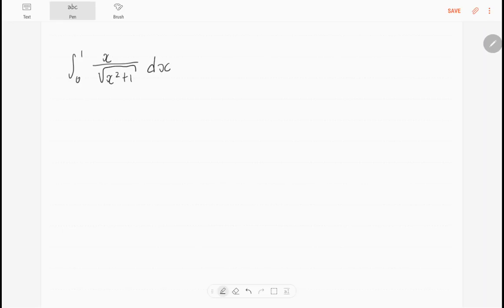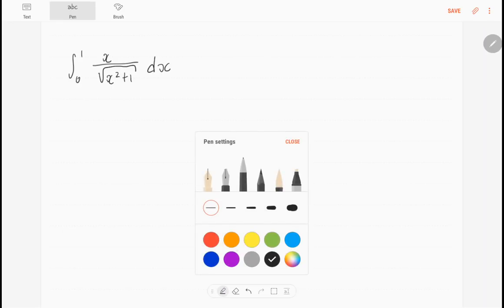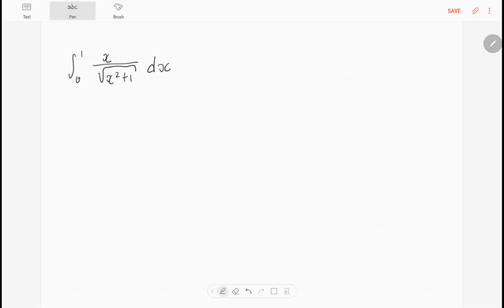So in other words, if we were to set u equal to x squared plus 1, so u equals x squared plus 1, the derivative of x squared plus 1 is 2x. And we do have an x in the integral.